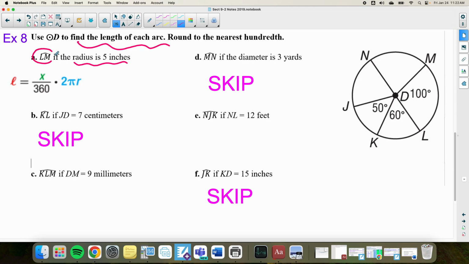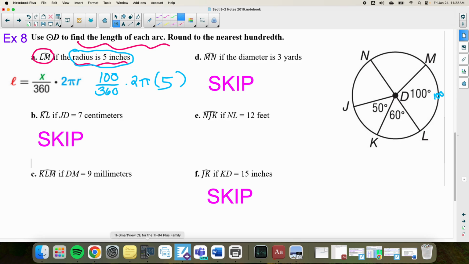If we're finding LM, okay, if I go back over here, if this is 100, this is 100. So my angle is 100 over 360, okay? Then you go times 2 pi times the radius right here. Remember, if they give you the diameter, you have to divide by 2, but that would be my answer, or my equation.